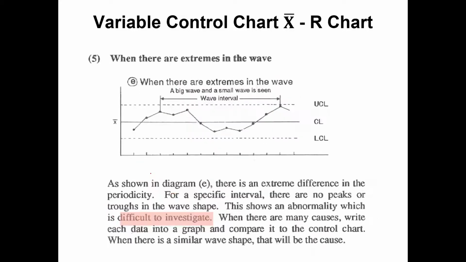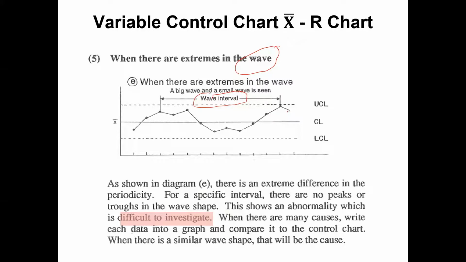How about rule number 5? Rule number 5 of Shewhart is quite similar to rule number 4. It is called a wave. Comparing wave with cycle, rule number 4 is cycle. Number 1, wave has a bigger interval, a longer distance between two peaks.